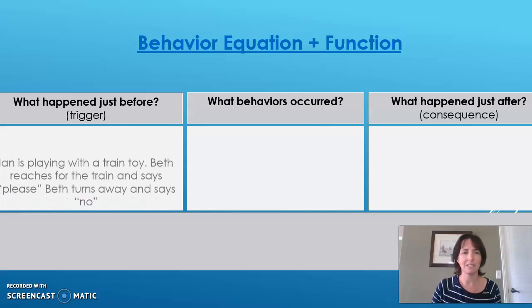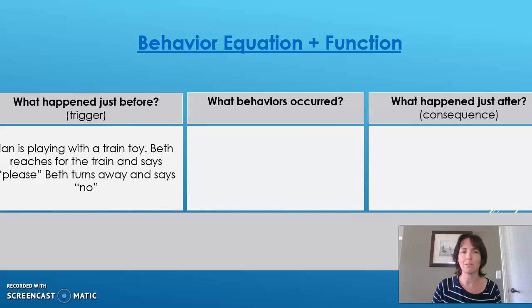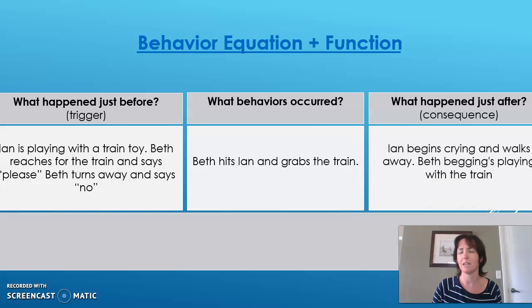And let's see, in this situation, Ian is playing with a train toy. Beth reaches for the train and says, please. Ian turns away and says, no. Beth hits Ian and grabs the train. Ian begins crying and walks away. Beth begins playing with the train. So the possible function here must be she wanted to get a toy.